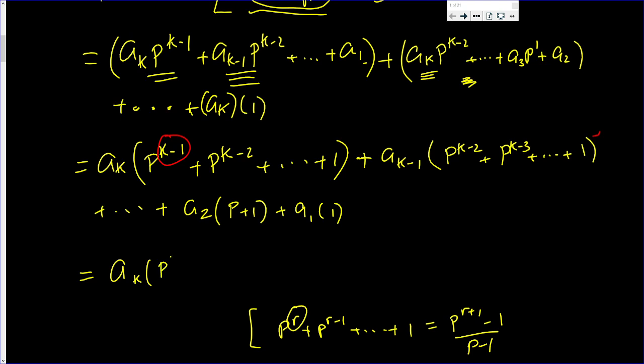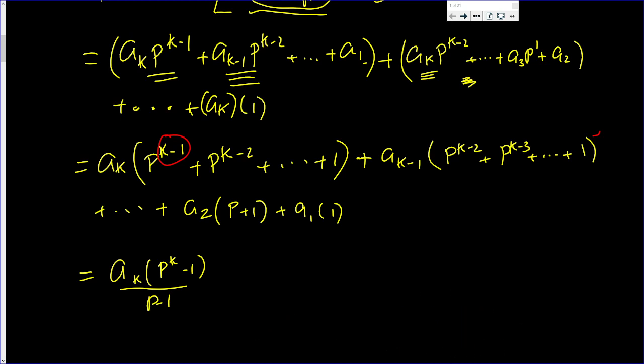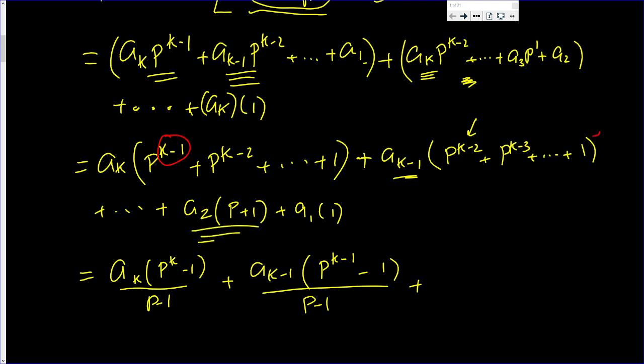So we get p to the k minus 1 divided by p minus 1. Plus a sub k minus 1. We get p, add 1 to the power, k minus 1 minus 1 divided by p minus 1. All the way down to a sub 2, and you have 1 plus p.